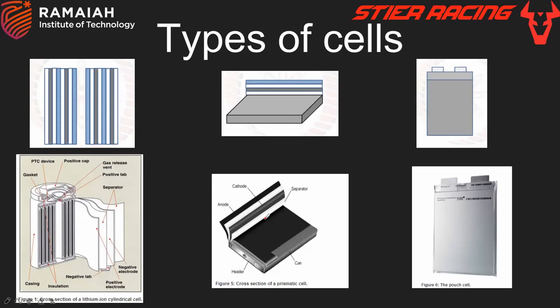In prismatic cells, we have a different configuration for the cathode, anode, and the separator. Pouch cells are quite thin, but prismatic cells are a bit wider and thicker. Right now we have prismatic cells only in our car.